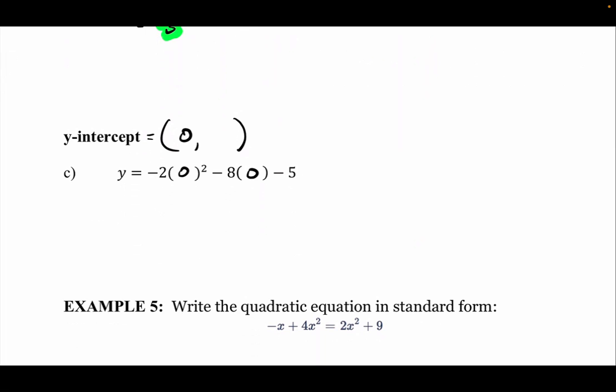Does anyone? It's always going to be, which one? C. Yep. Always going to be C. In standard form, this guy is always going to be 0, comma C. So negative 5.